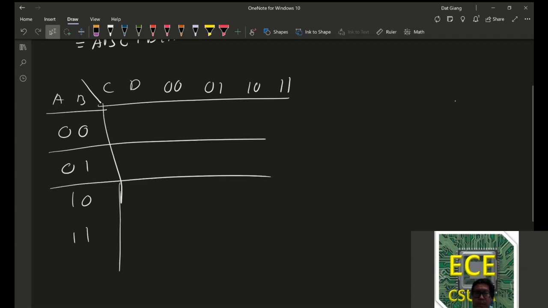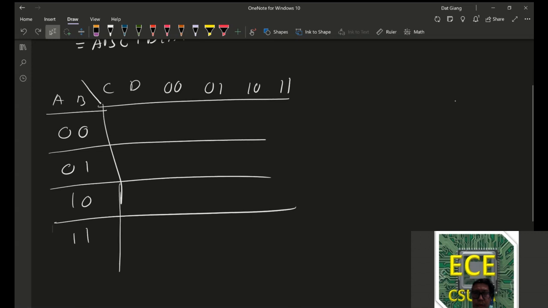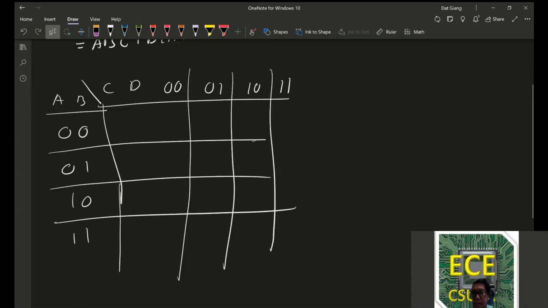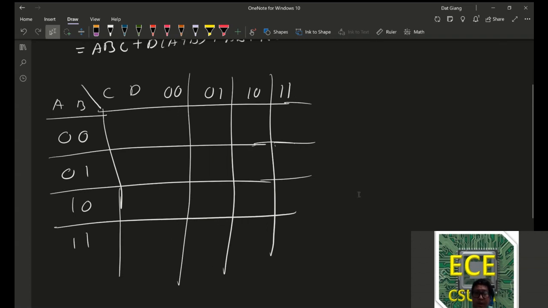We draw a matrix table to represent each individual case. And anytime we see a multiple of 2, that means we're able to find a way to simplify it.